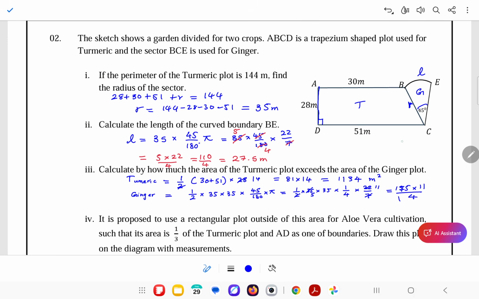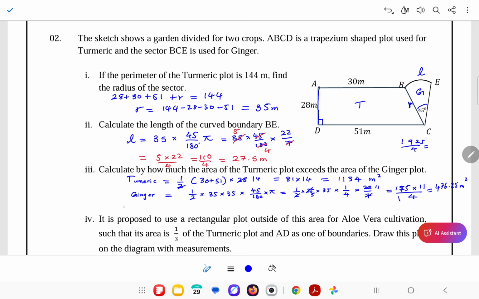So that is how much? 1925 over 4. So that is 476.25 square meters. Calculate how much the area of the turmeric plot exceeds the area of the ginger plot.